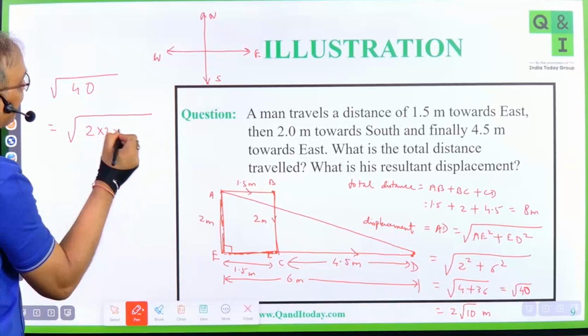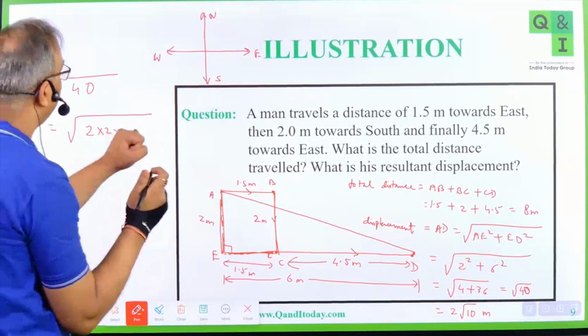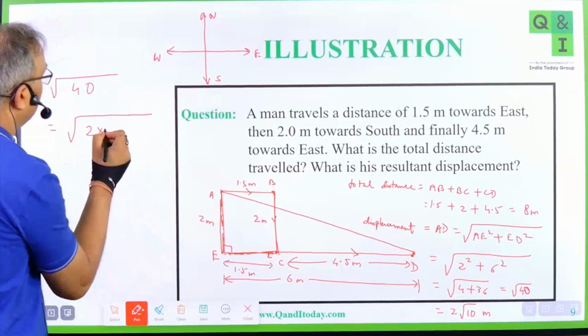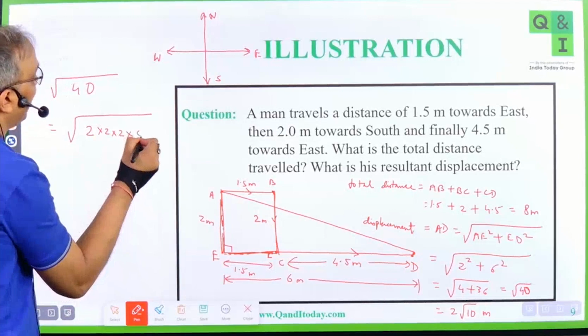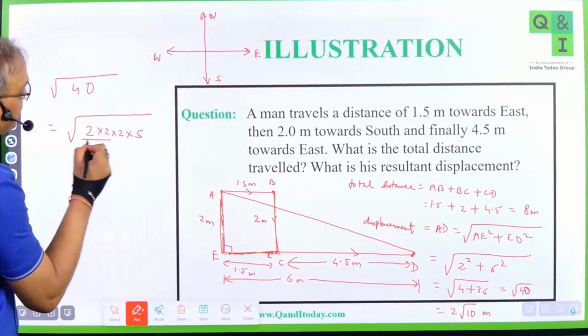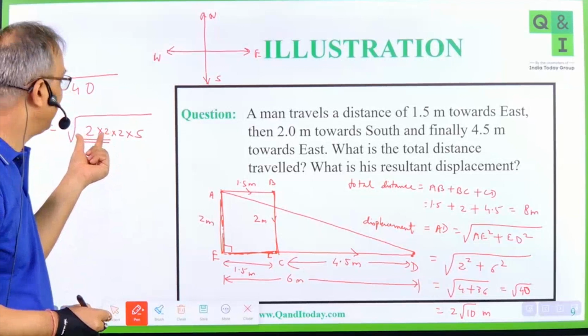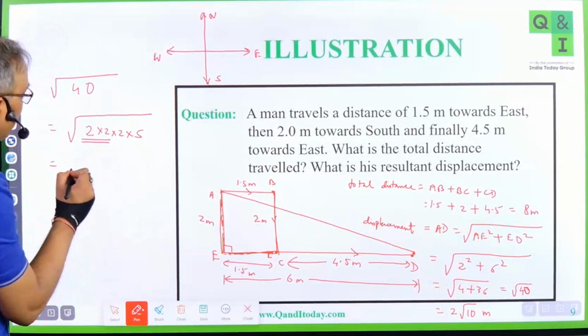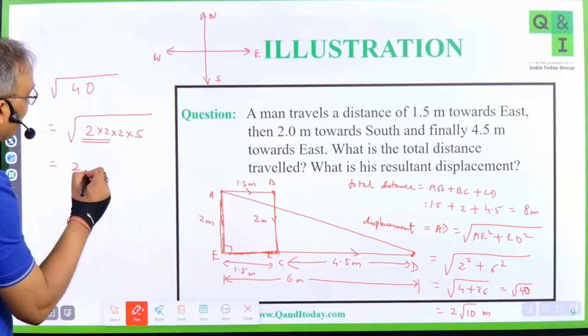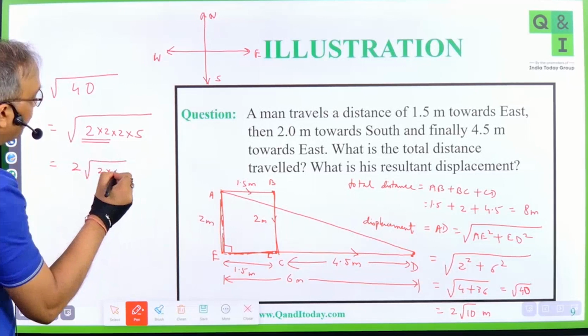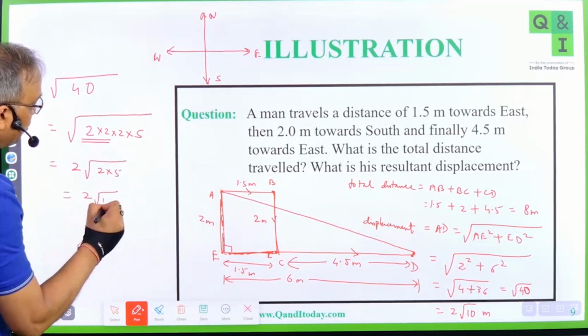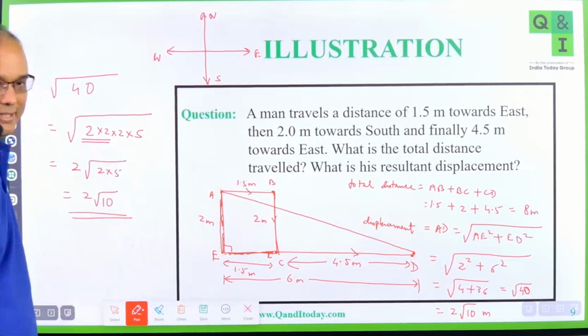I'll prime factorize it. So 2 into 2 into 2 into 5. Now we know that this 2 into 2 is in pair. When you take a prime factor which is in pair outside the square root, 2 will come outside, and then you will have 2 into 5 inside, which is 2 root 10. Is it clear now?